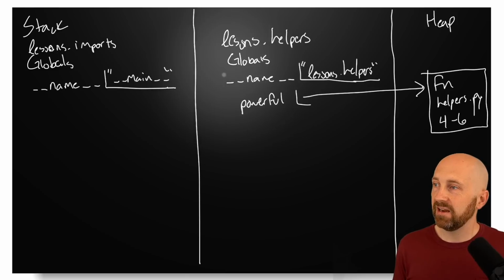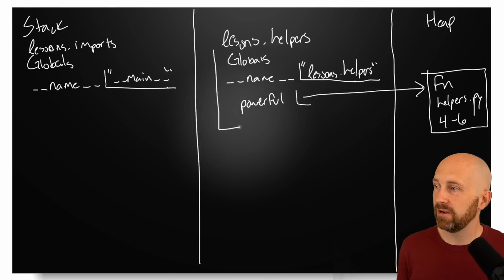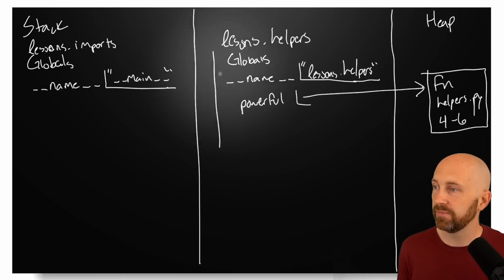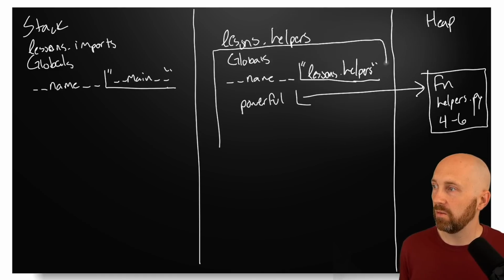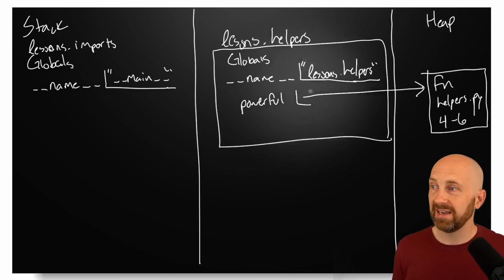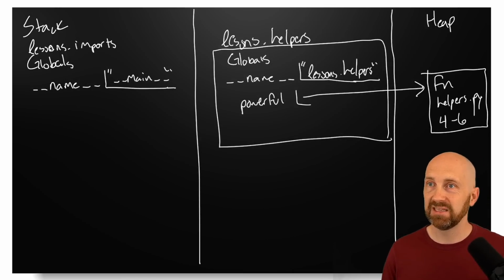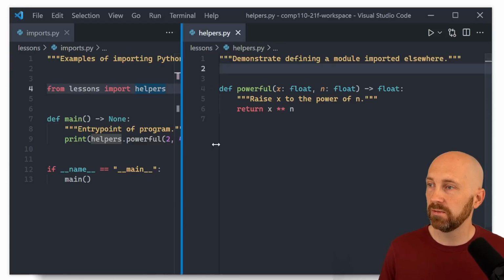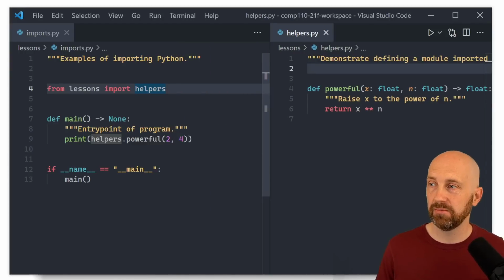Okay. So we reach the end of this evaluation of this particular helpers file. And what happens next? Well, remember, we had just said we wanted to import what's in the helpers module to our imports module, right?